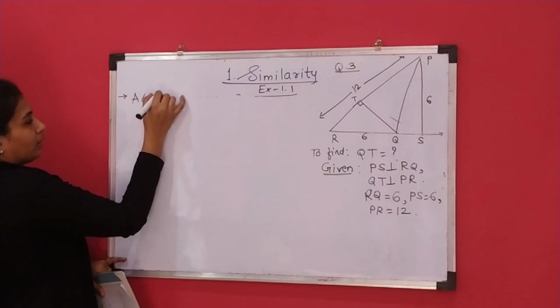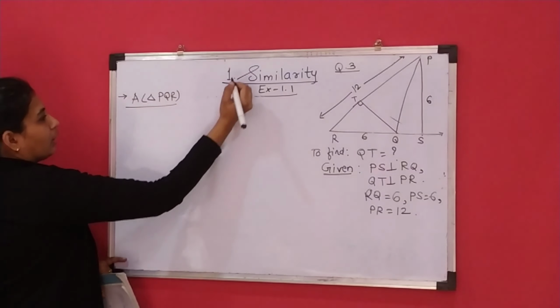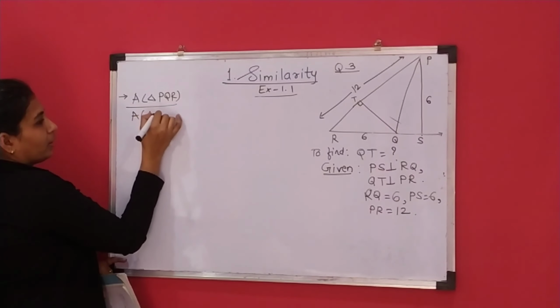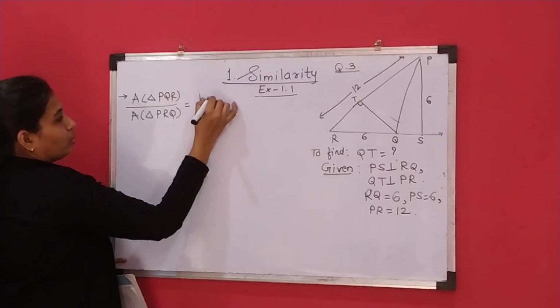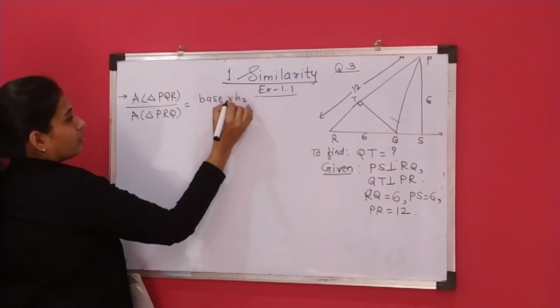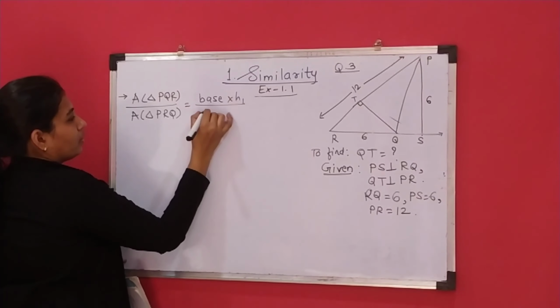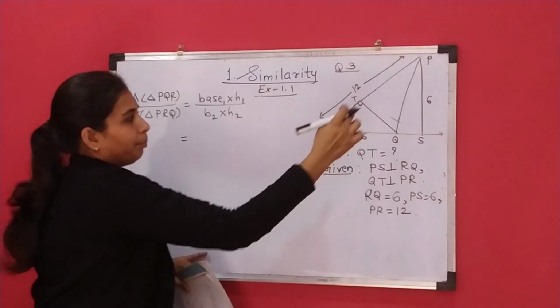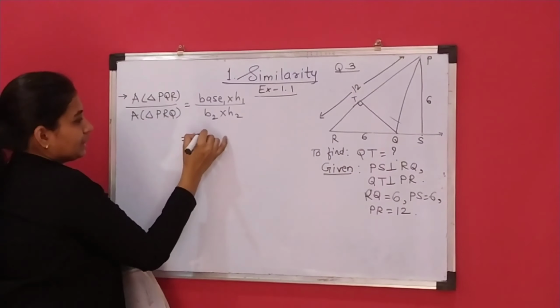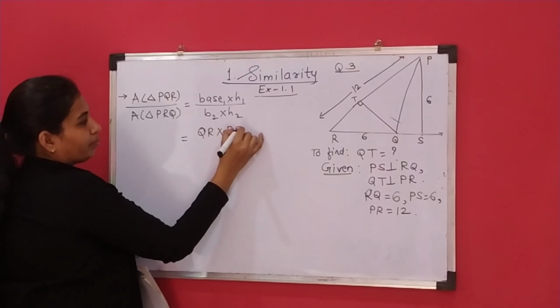Area of triangle PQR upon area of triangle PRQ, base into height, base into height. For triangle PQR, the base is QR, the height is PS.